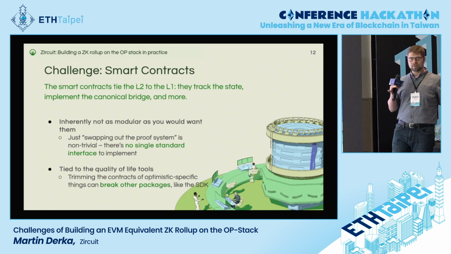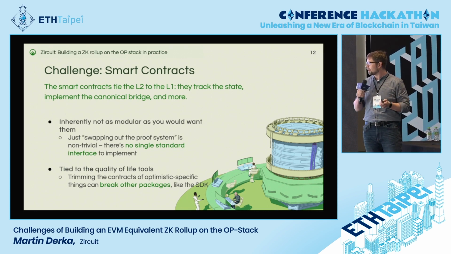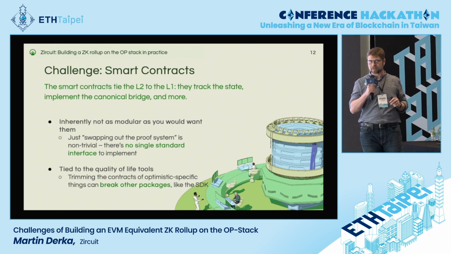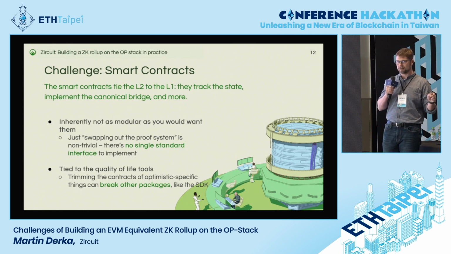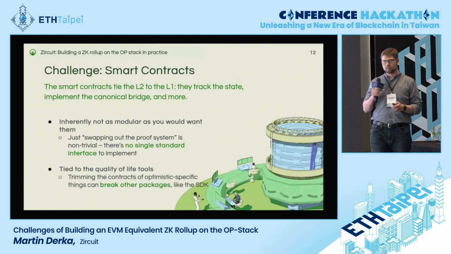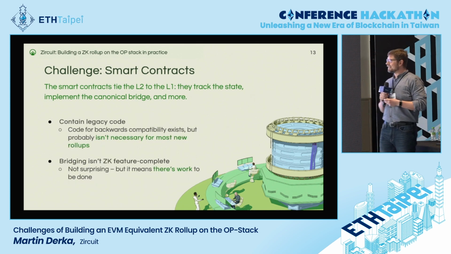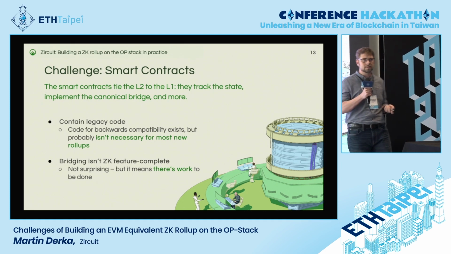Well, everywhere you touch those smart contracts, you will realize that there is some very close coupling and that there is no single interface that would constitute a zero-knowledge rollup or an optimistic rollup that you would just need to implement and everything would suddenly work, right? So you will find yourself in the struggle of modifying those smart contracts all the time and modifying everything that ties to them, which I already mentioned is, for example, the SDK, plus the other services that are part of the rollup itself.